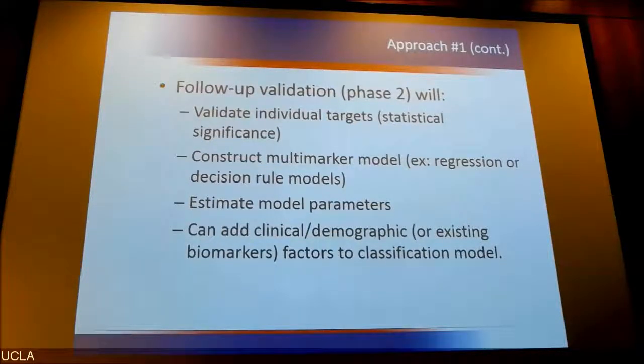The model is constructed when we're only assaying those 20 to 50 markers, so that model building is not so heavily influenced by selection bias. If we're looking at 10,000 markers, it's often very hard to tell whether the model looks good because we're measuring some true biological signal, or just because we have a lot of noise.